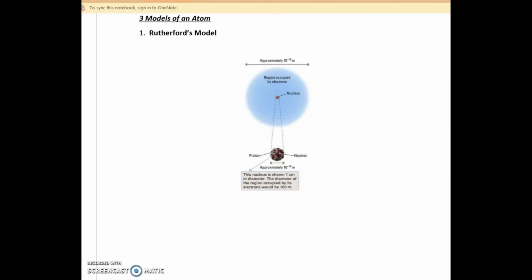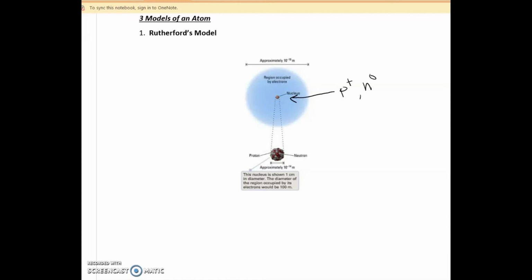In this model, you learned that in the center of an atom, in the nucleus, you have some protons and some neutrons. And there's a region of space occupied by the electrons out here. This was mostly empty space, and in this empty space we have electrons.